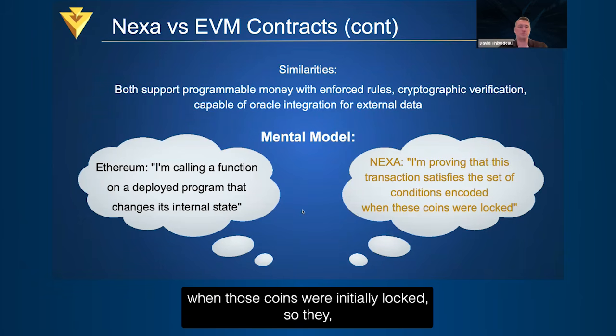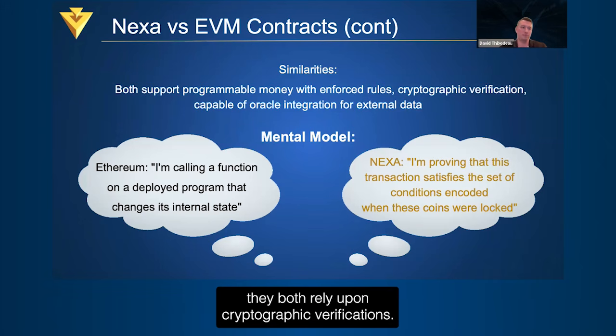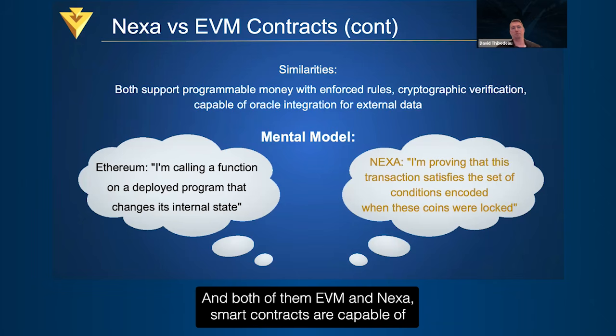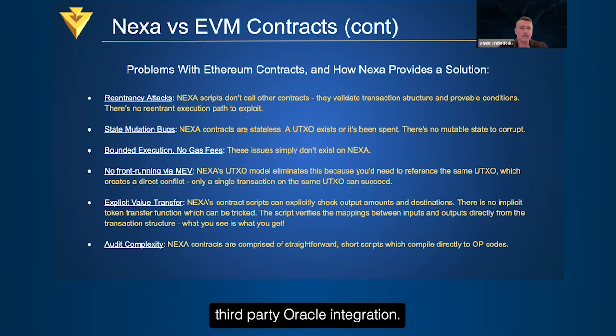So they both are fully programmable. They both enforce rules. They both rely upon cryptographic verifications. And both of them, EVM and Nexa smart contracts, are capable of third-party Oracle integration.